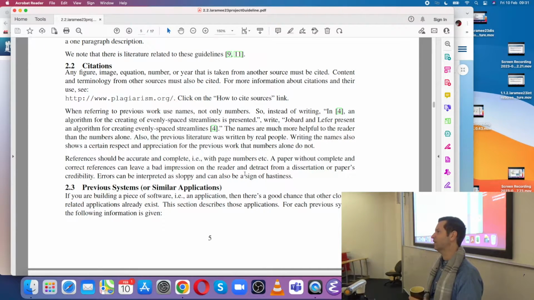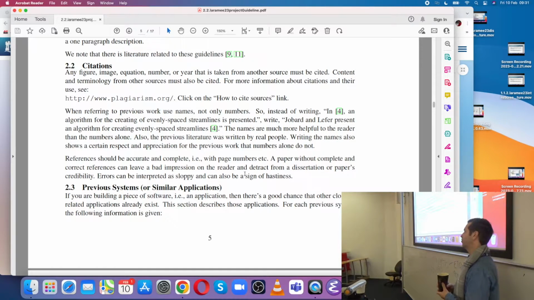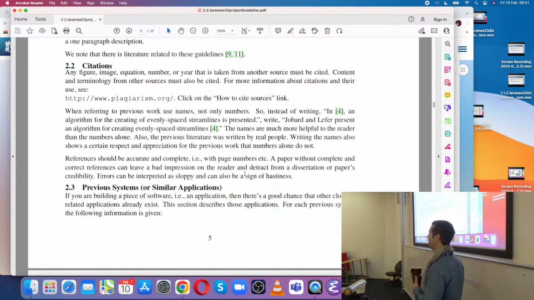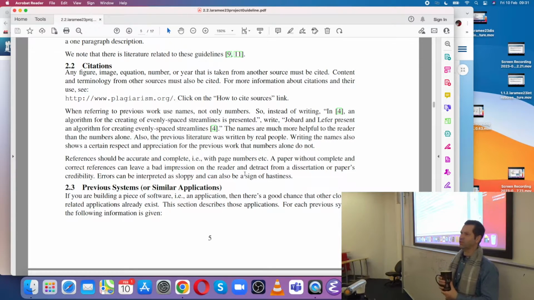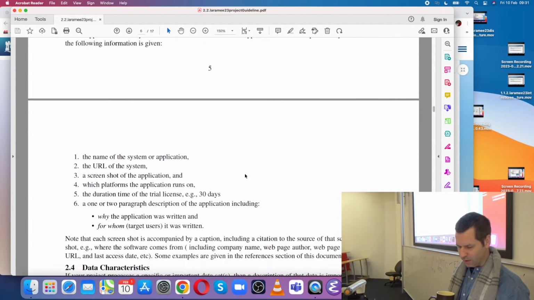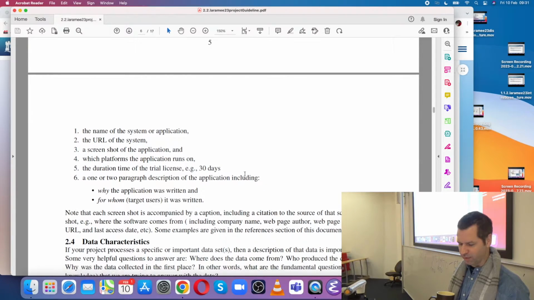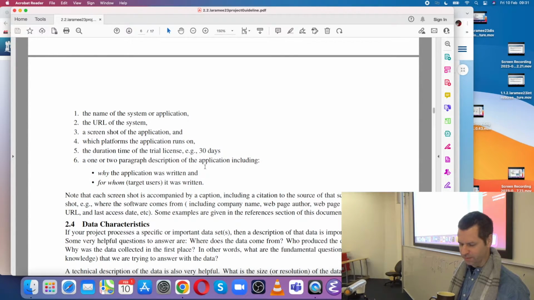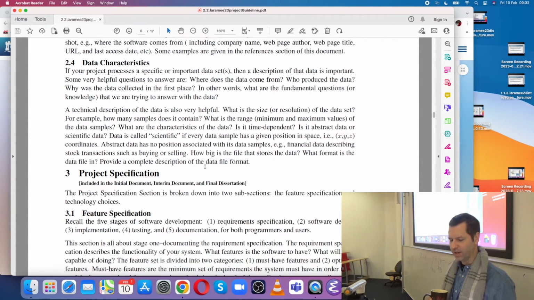Probably there is. Probably there are some existing software applications, like on GitHub, for example, that have already looked at the problem you're working on. Right, and for each existing system, you provide the following information. You have data characteristics as well.